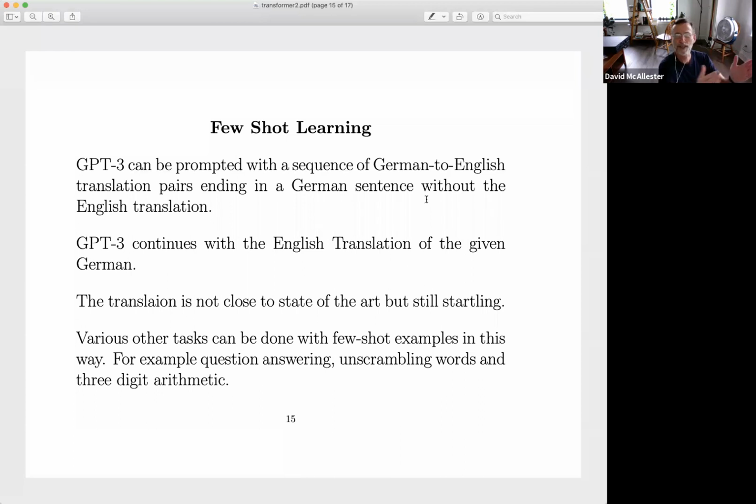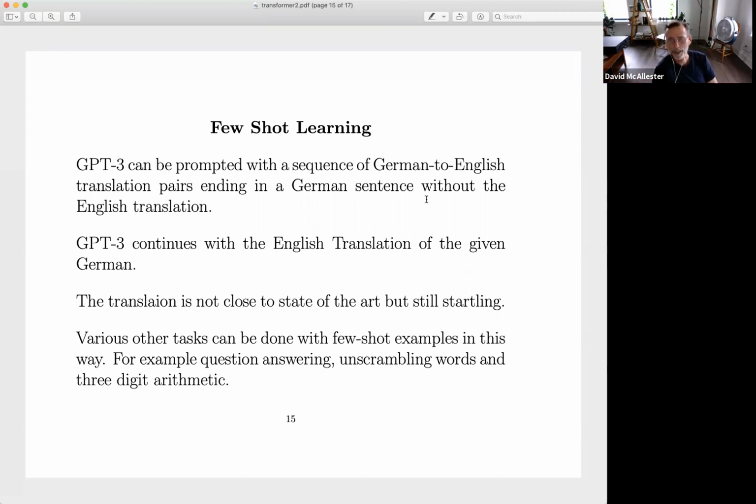You give it a sequence of maybe 20 or 50 translation pairs. Say we have German, English, German, English, German, English. You give it 20 of those or 50 of those. Then you give it a German sentence and you say continue. So it's continuing from a bunch of examples of German English.